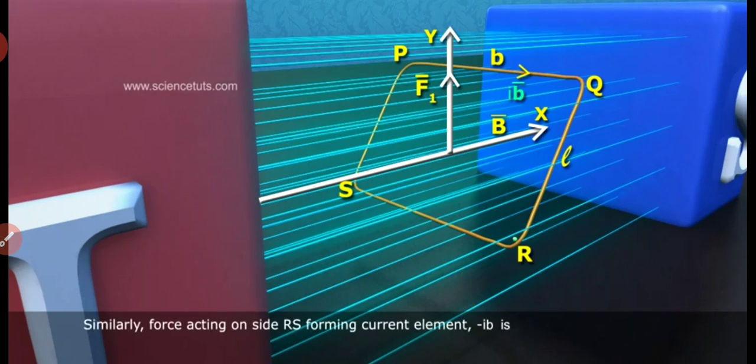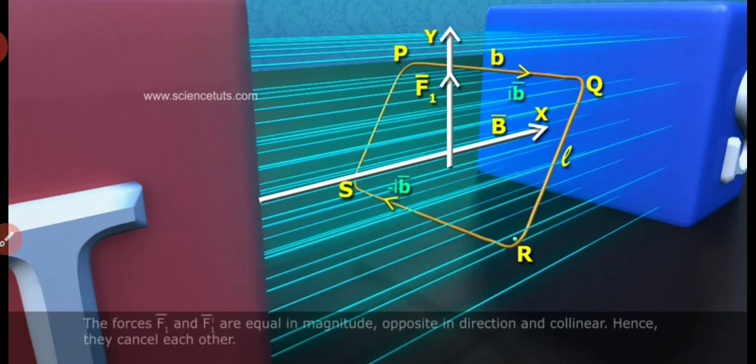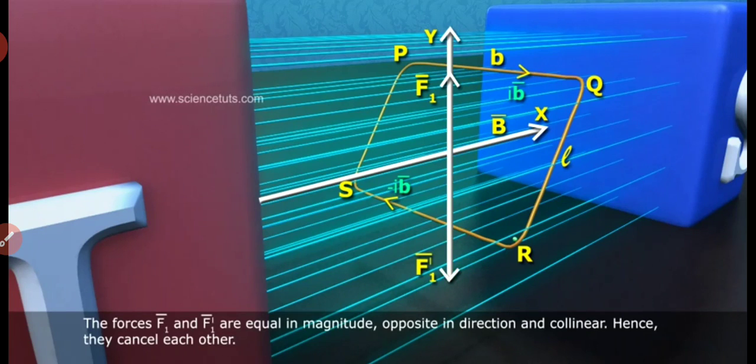Similarly, the force acting on side RS, forming current element minus I B bar, is F1 dash bar equals minus I B bar cross B bar. The forces F1 bar and F1 dash bar are equal in magnitude, opposite in direction, and collinear. Hence, they cancel each other.